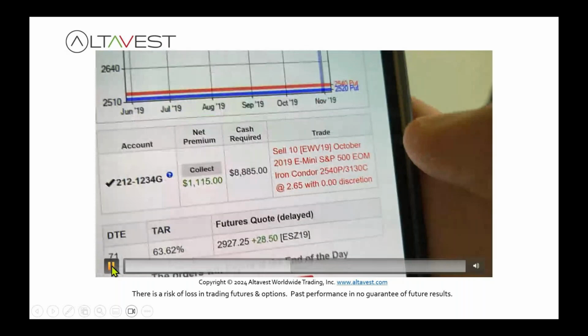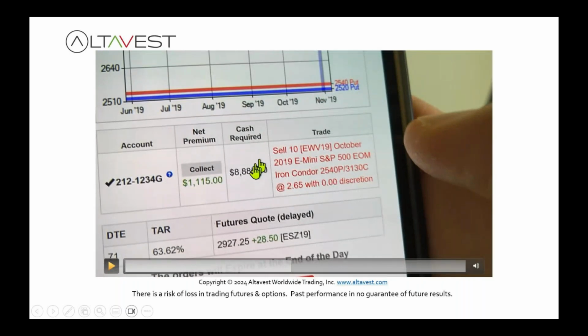And you'll notice your premium collected here, the amount of cash required, and the quantity is pre-selected for your account. So each alert you receive will be tailored for you and your account in terms of the sizing, meaning the quantity, and the trade itself.